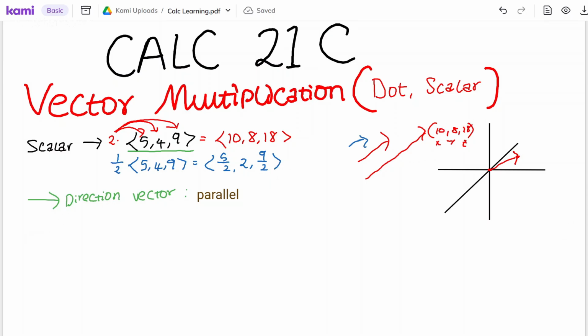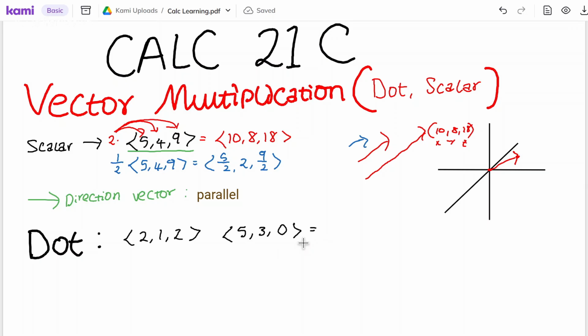And now for dot multiplication. Dot multiplication of a vector is exactly how the addition and subtraction was, but multiplication instead. So I'm going to come up with different vectors. 2, 1, 2, and then the next vector, should I use 5 again? 5, 3, 0, to make it different.